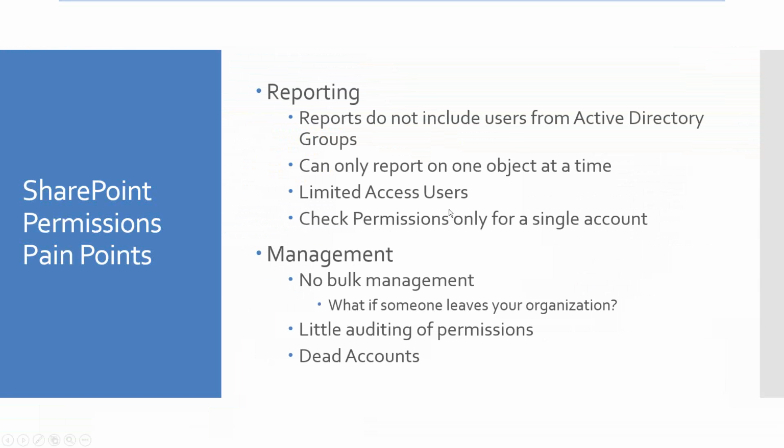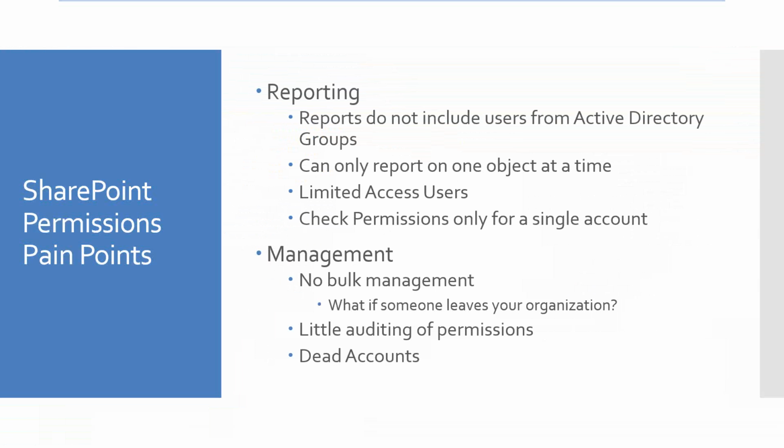Limited access is another thing quite often misunderstood. Limited access is a permission level that is granted to users automatically. If you assign a user permissions to a child object, such as a list, a library, a document, a folder, or a list item, they will be given limited access to the container, the team site, and that would allow that user to navigate to the content that they do have permissions to.